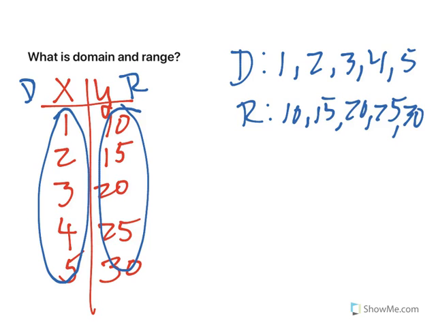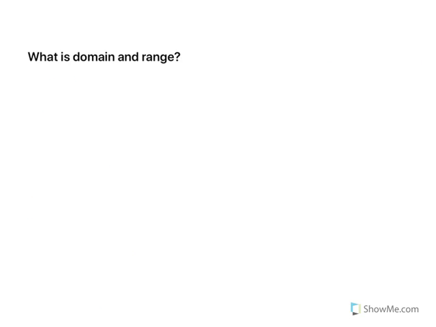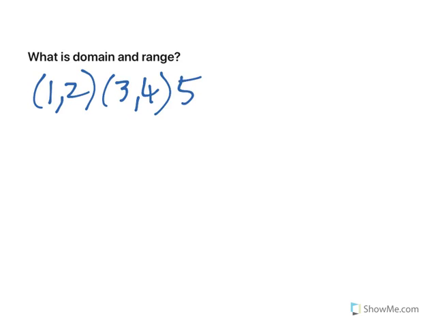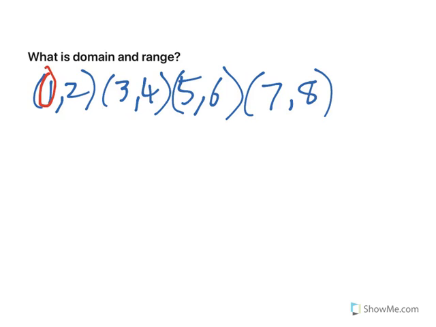Okay? If you were given points, you say, what's the domain of this particular function? A discrete function now, because they're individual points. What's the domain? It's just all the x values.